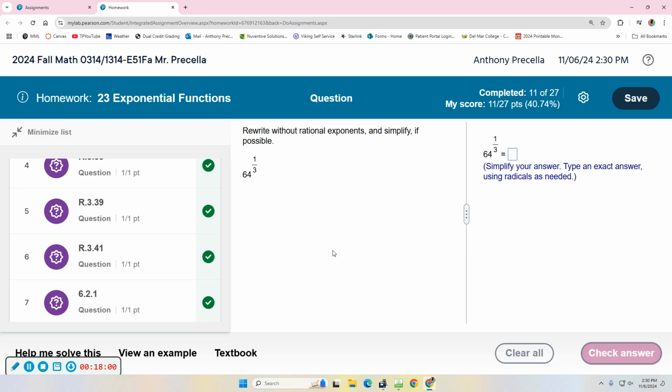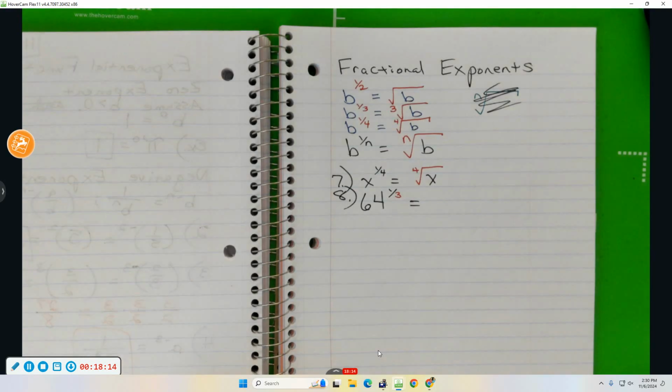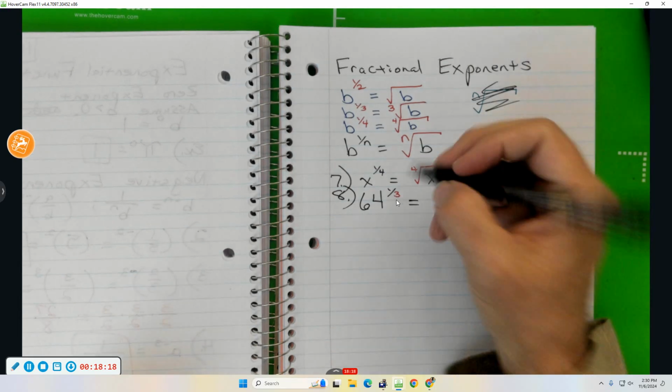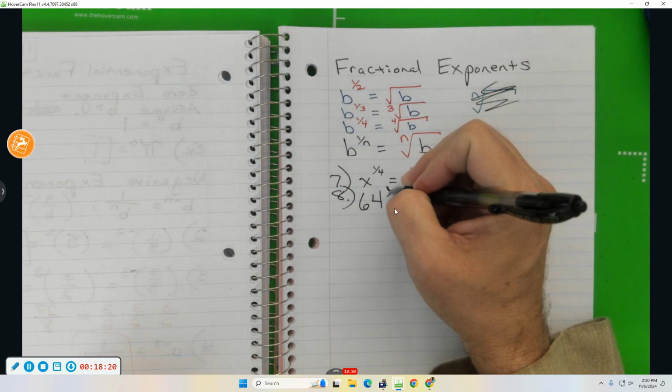Okay, number 8. We have 64 to the 1/3 power. That's a 1 there, it's hard to see.